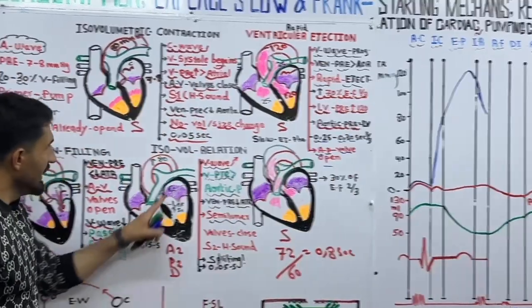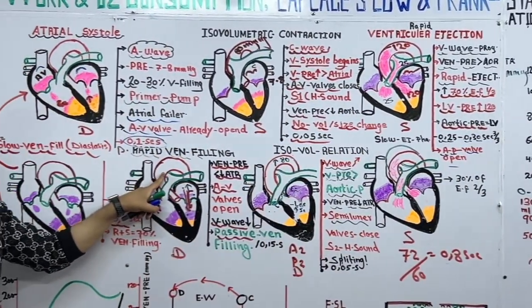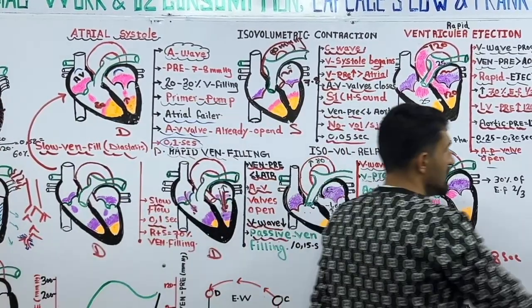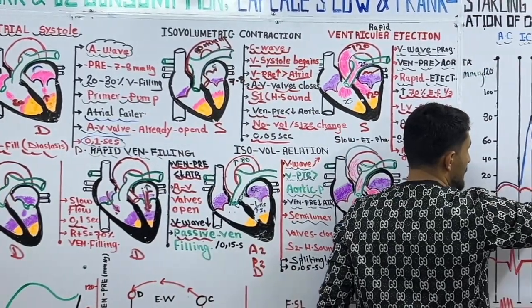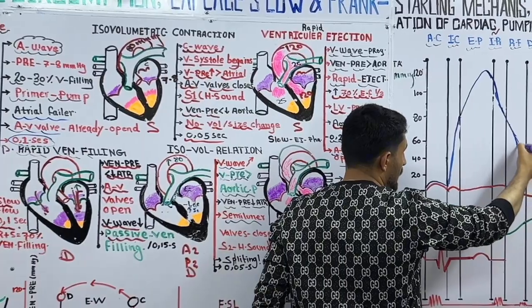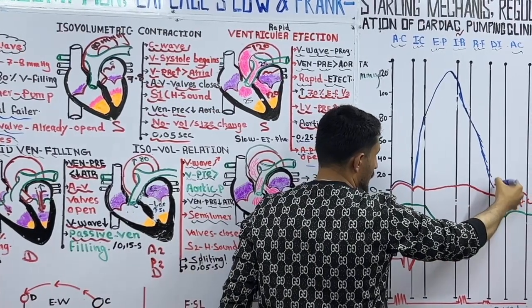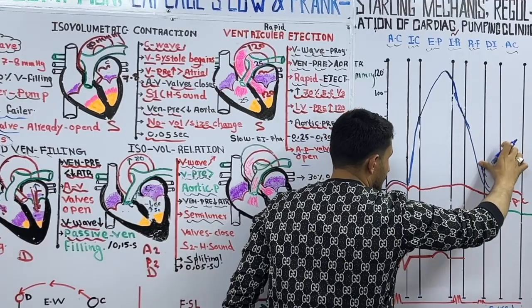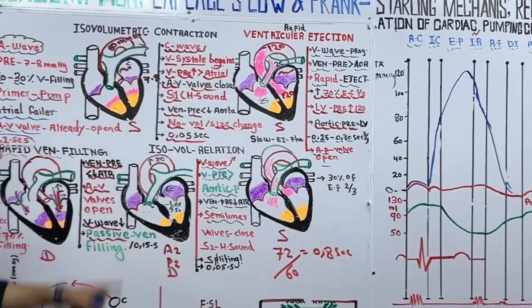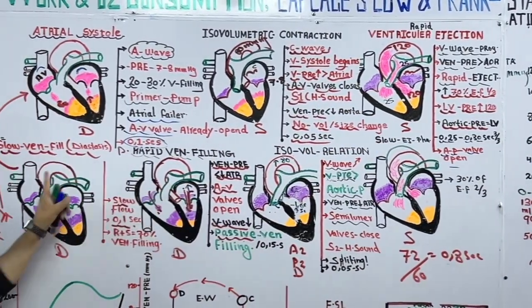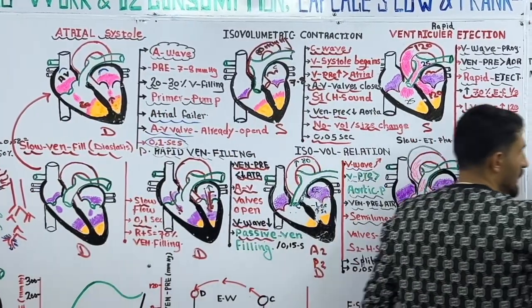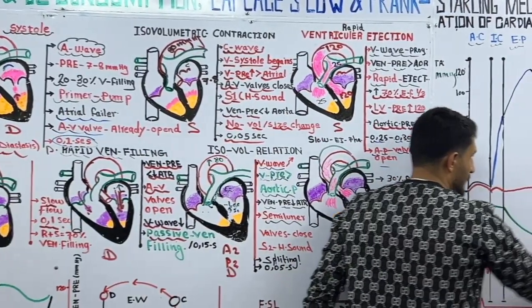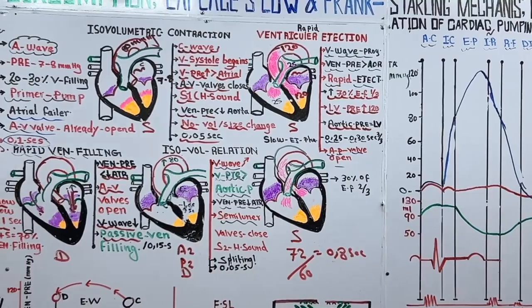So now in the next phase, which is the rapid ventricular filling phase, the pressure drops below the pressure of atria. It means below the pressure of 7 to 8 millimeter Hg. Got it? And here also pressure furthermore drops.